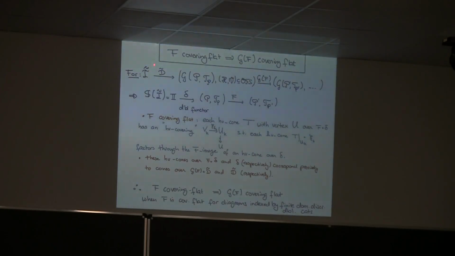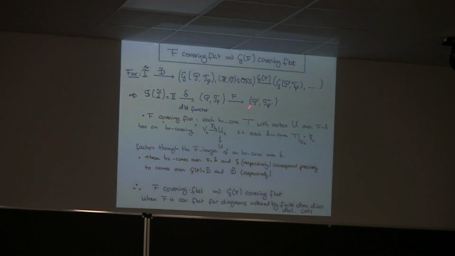Then I know that I can take I tilde, the good one, and then I can take the adjunct double functor from S of I tilde into P and connect goes to F.